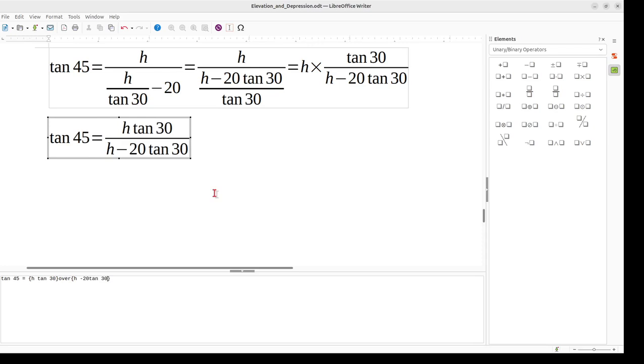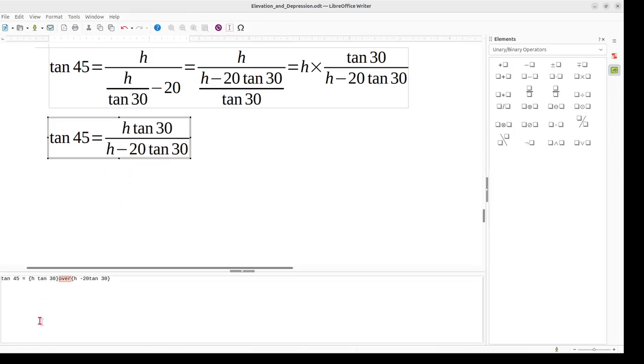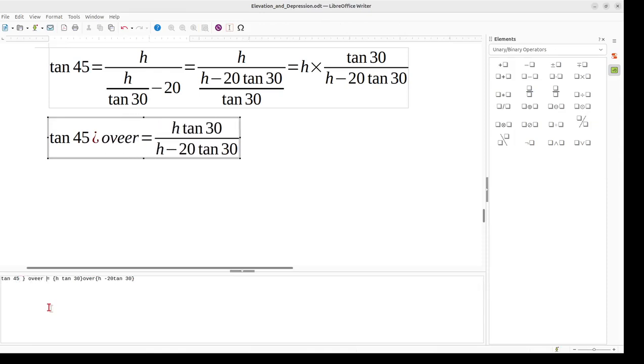Now from there, let's just cross multiply. Remember this one, it's over 1.